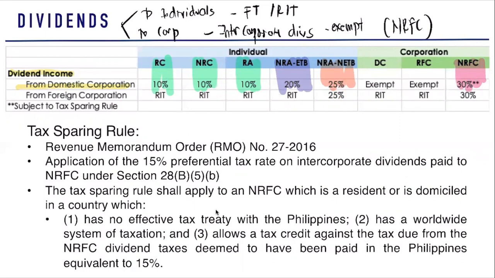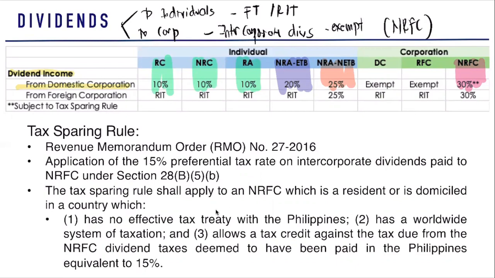For your dividends to corporation, intercorporate dividends, they are exempt except for NRFC. And take note, guys, these are dividend income from a domestic corporation, because if that is a dividend income from a foreign corporation, it is subject to RIT. It is subject to RIT.